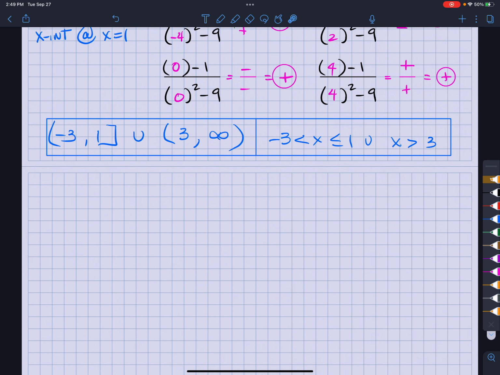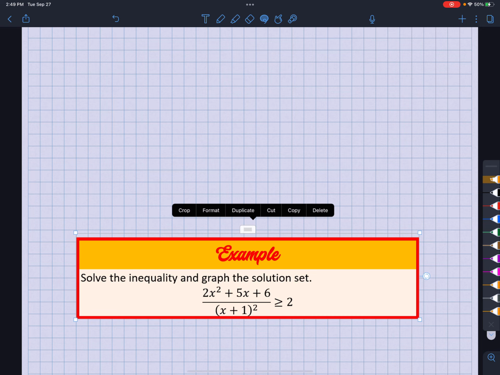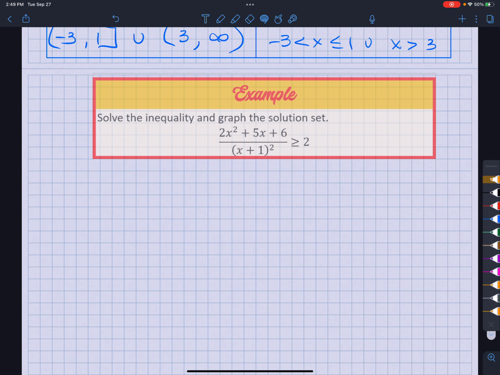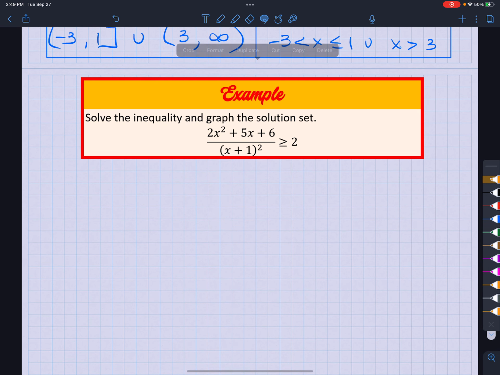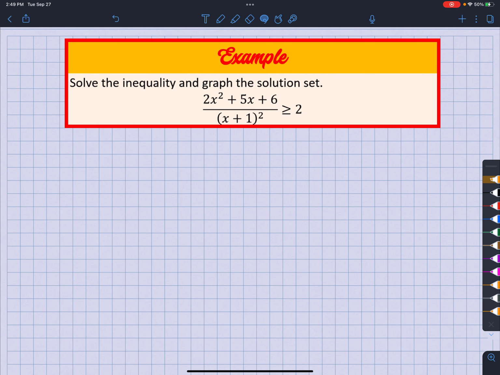Now, what happens when we go a little bit more in depth? Like this one here, right? This one is a little bit more in depth in terms of what it's giving us. You see that it's greater than or equal to 2. So here's the problem.